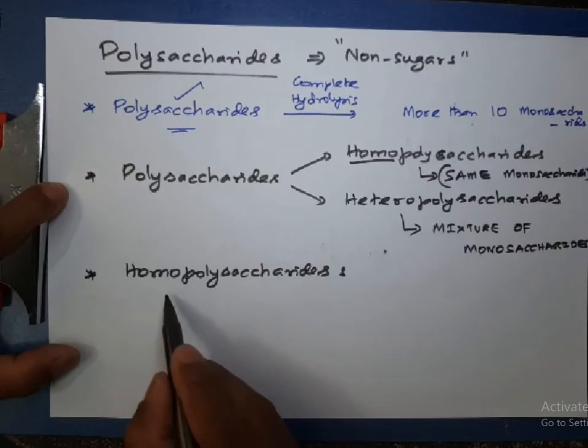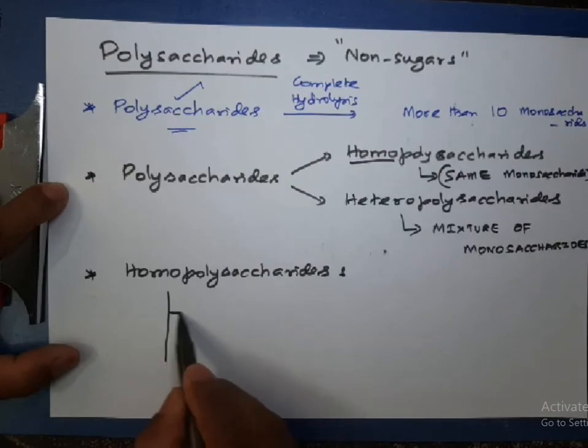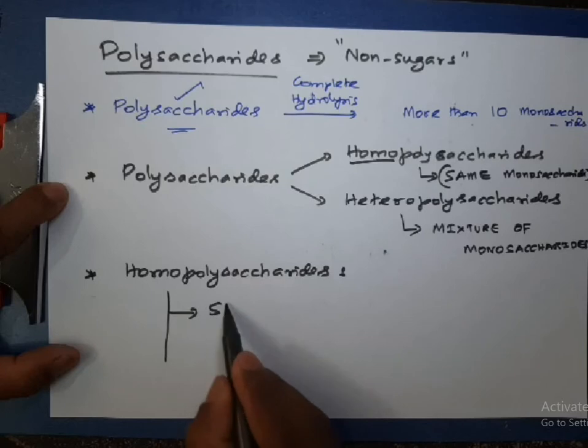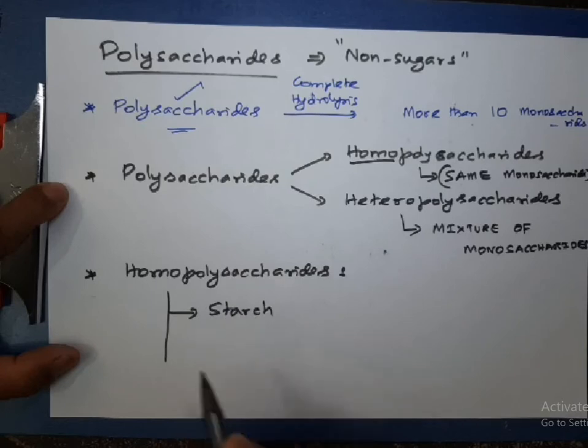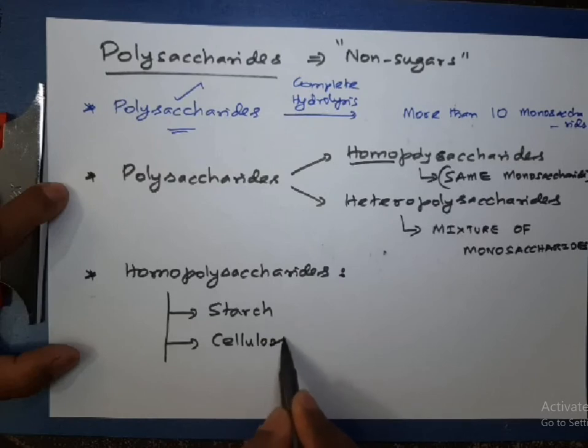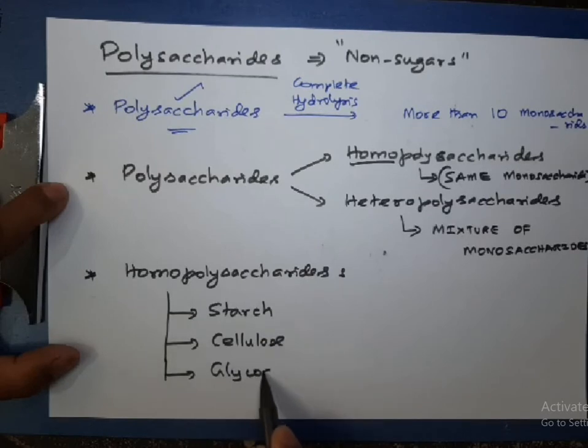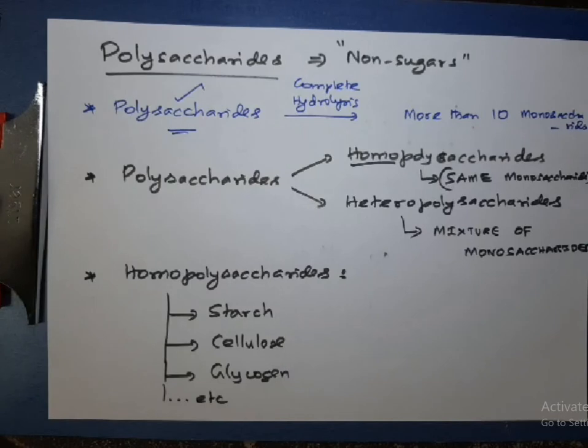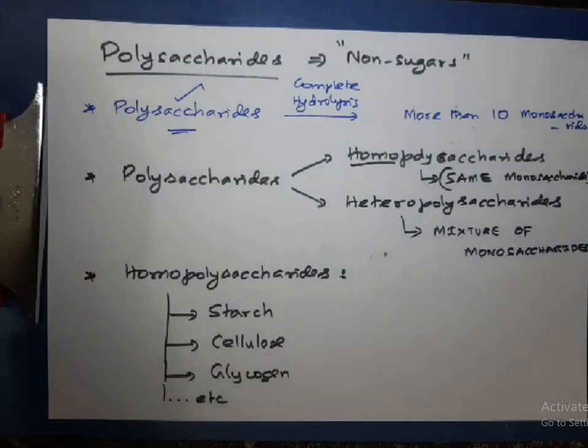In homopolysaccharides we have a lot of examples: starch, cellulose, glycogen, etc. Many examples are there. These are all examples of homopolysaccharides.